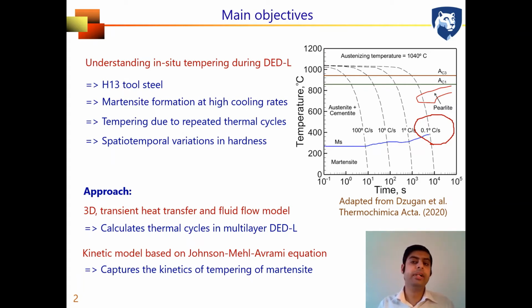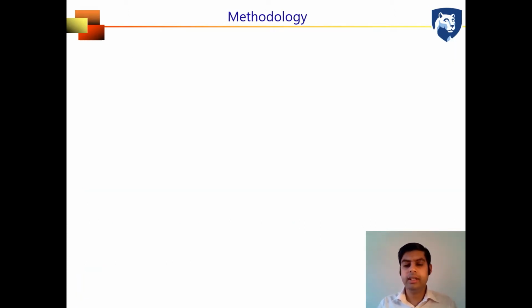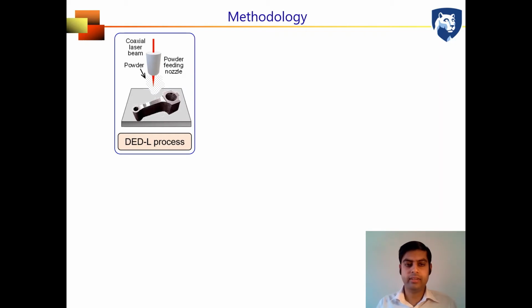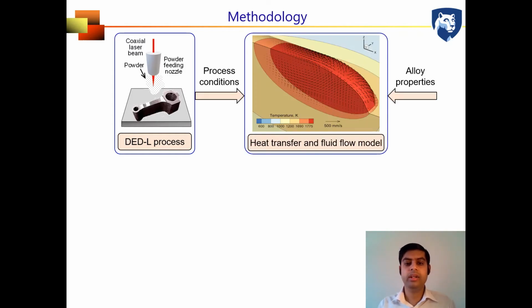of tempering of martensite. So the process, directed energy deposition process, has many process variables. So these process variables and alloy properties, we take both of them, and then the model can calculate the temperature and velocity fields and its 3D distribution with time, from which we can extract the thermal cycle.